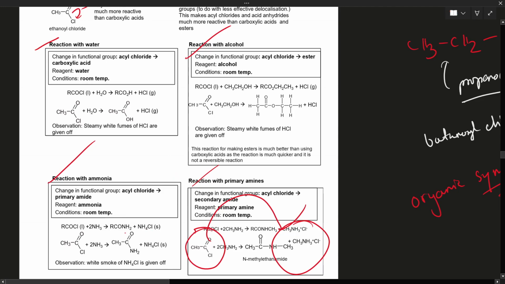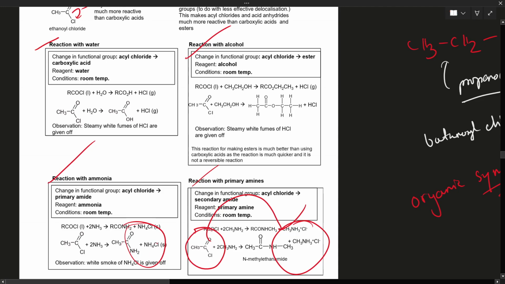Or it could be ammonia. They might ask you to produce ammonia, right? So that is why it is very essential that you remember each and every reaction as nicely as possible, because they might ask you to produce anything from anything. Like they might ask you to produce ammonia from propanoic acid.